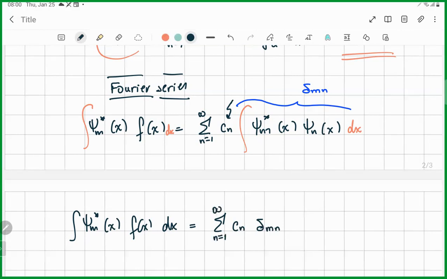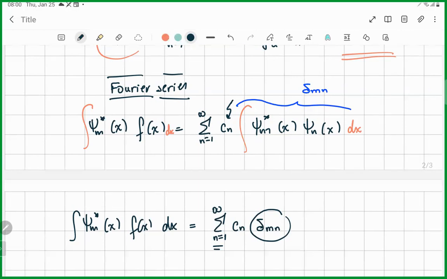Okay. So what this Kronecker delta tells us is that that integral is 0 if m is different from n. So in this whole sum, whenever n is different from m, we just get 0.